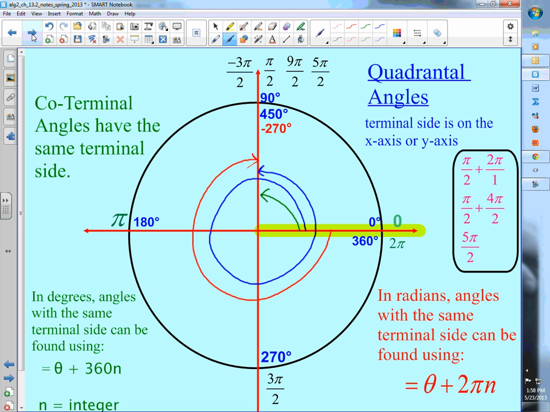So what I've done up here is I've drawn 3 angles, a green one, a red one, and a blue one for you to recognize as coterminal. They're all ending on this vertical line right here, which is an angle that you're familiar with. So the green angle is very easy. It's 90 degrees, or pi over 2 radians. But if you kept going like the blue angle, we start here and we're going from horizontal right, we go here, but we keep going all the way around back to where we started, and then we keep going again to here.